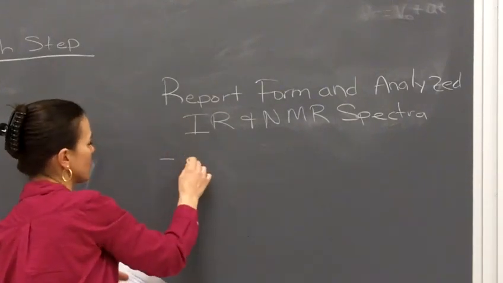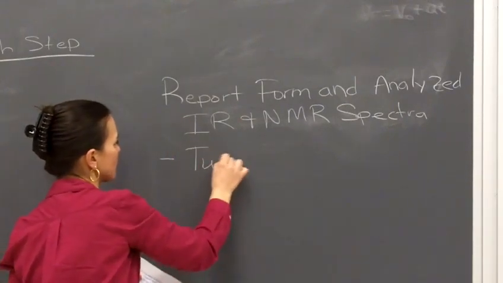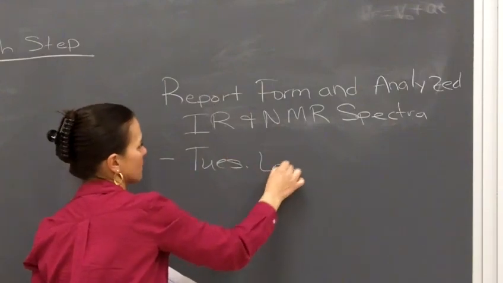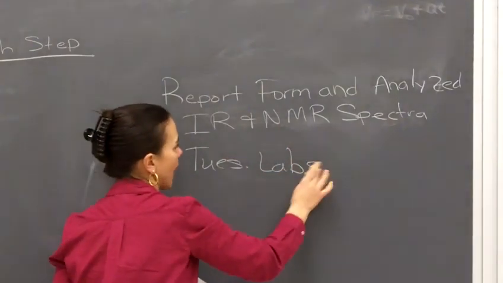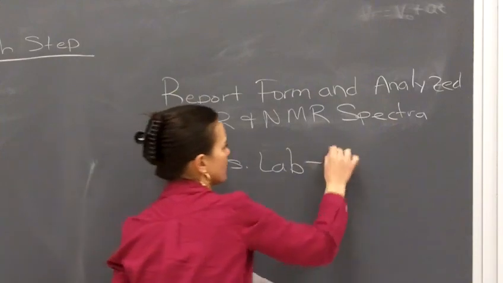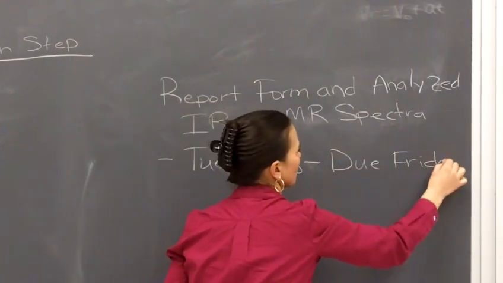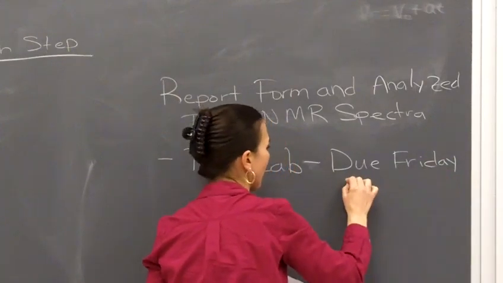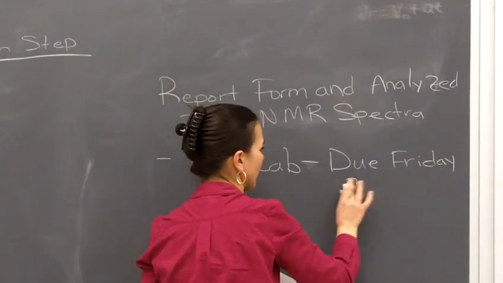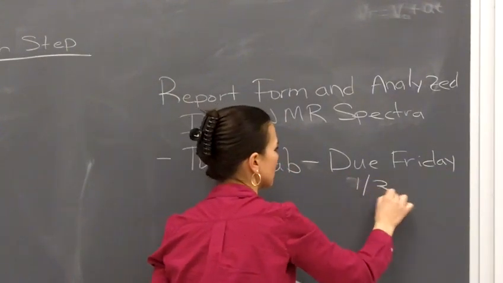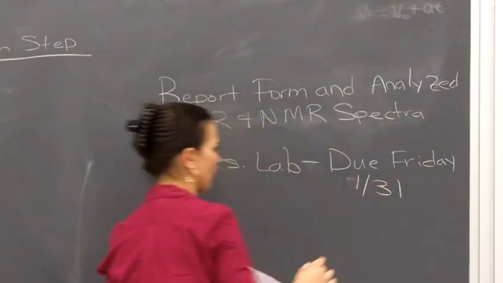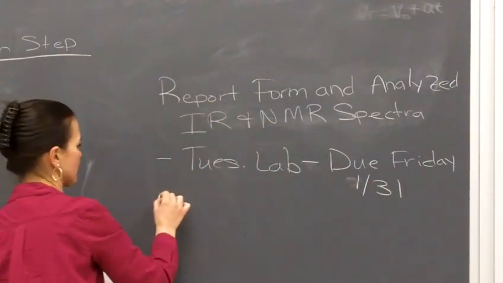But this will be due, for Tuesday lab, Friday. Tomorrow in my lab, we'll talk about exactly when that is due, which is still January, not quite February. So the 31st, that is due.